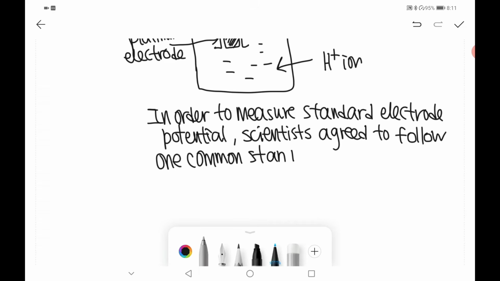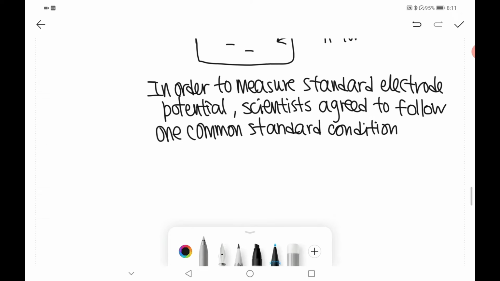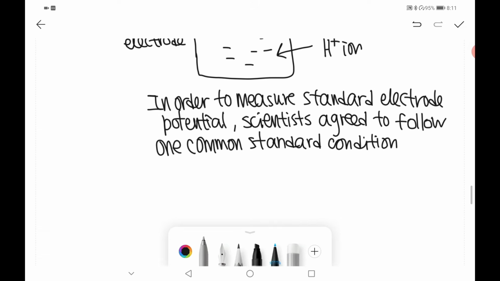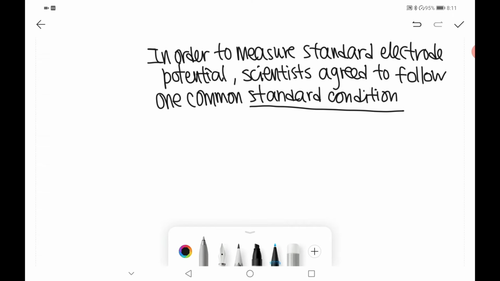In chemistry, when you say standard condition, there are 4 things you need to know.